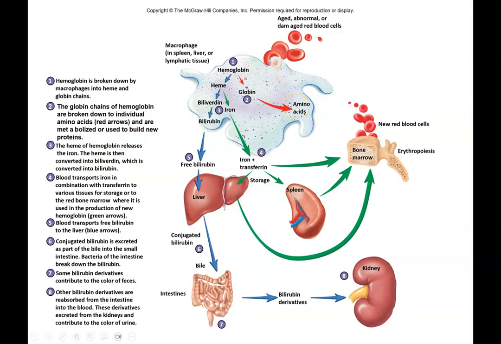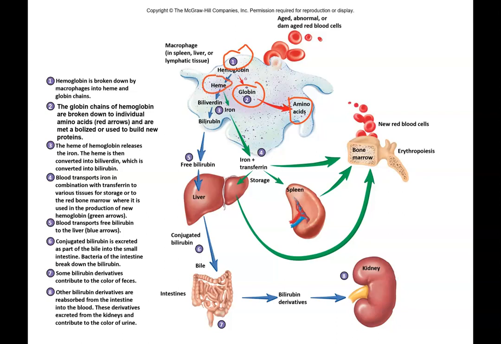So just review this cycle of what happens to red blood cells after they are destroyed. The hemoglobin is broken down. The globin part, which are the polypeptides, the amino acids, the protein part, if you will, is going to be disassembled into individual amino acids that can be reused. What's left is the heme group.